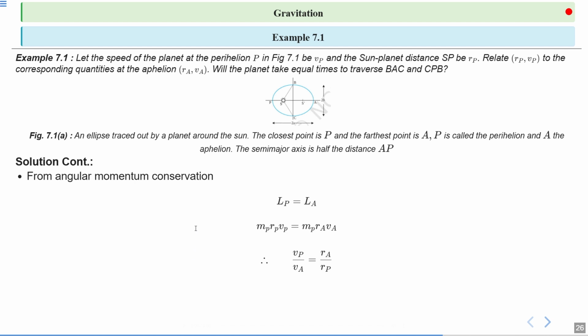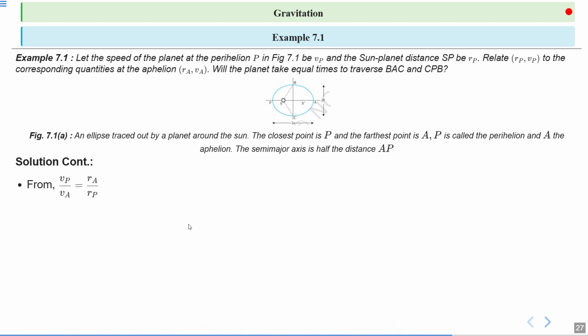This tells us the ratio of the velocities at the perihelion and the aphelion is inversely proportional to the ratio of their respective distances from the sun. The formula VP upon VA is equal to RA upon RP shows that the ratio of the speeds is inversely proportional to the ratio of the distances. Since the distance at the aphelion RA is greater than the distance at the perihelion RP, it follows that the speed at the perihelion VP must be greater than the speed at the aphelion VA.